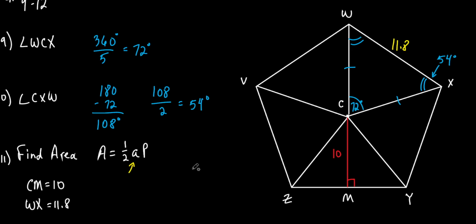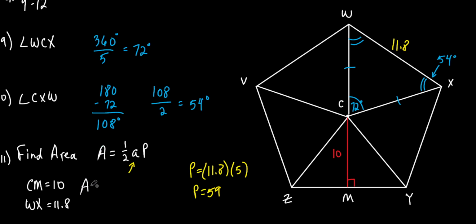So how do you find the perimeter? The perimeter is 11.8 times how many sides you have. And how many sides do you have on this? You got 5. All right, so let me put that in. I don't know what that is off the top of my head, so I'll use my calculator. 11.8 times 5, and that's 59. All right, so the perimeter is 59.